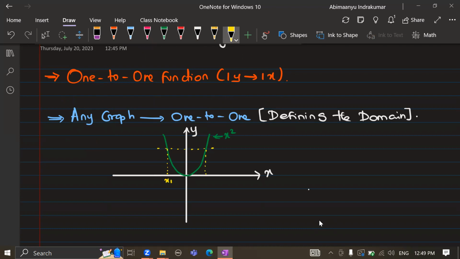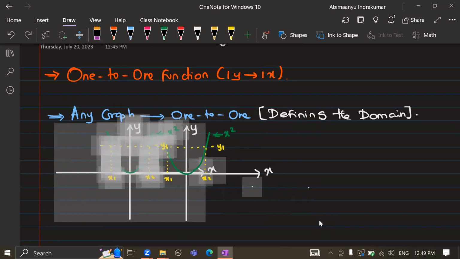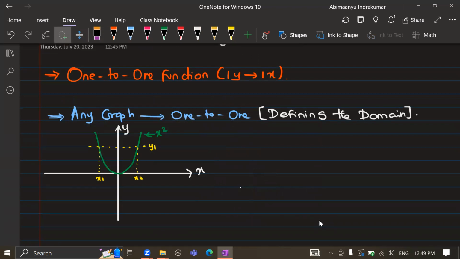Why is it a many-to-one graph? There are many x values for one y value. That's why we call it a many-to-one graph. In order to convert this many-to-one graph into a one-to-one graph, all I need to do is define the domain of the graph in such a way that it can be a one-to-one function.